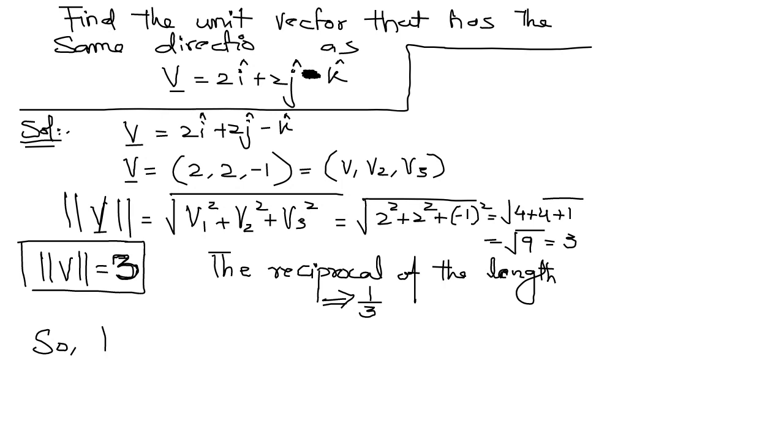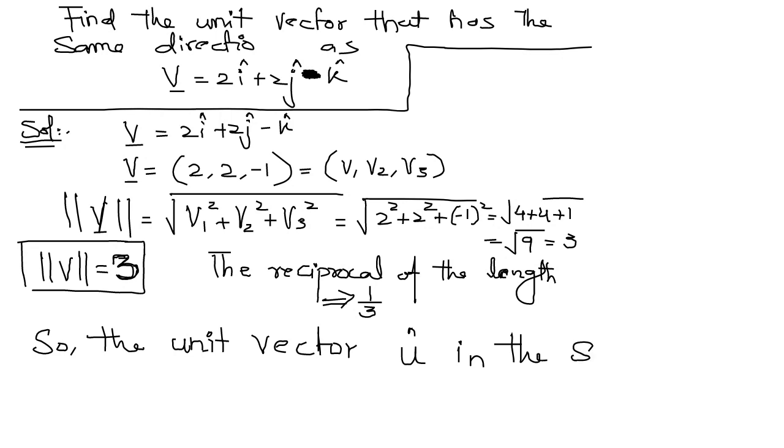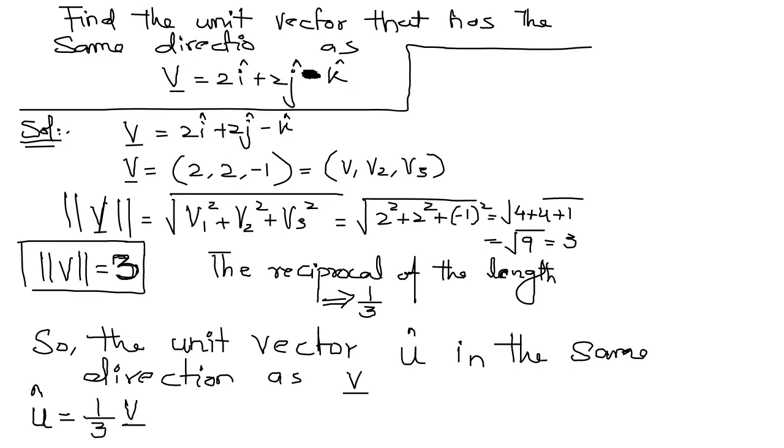So the unit vector u in the same direction as v is equal to the reciprocal of the length, which is 1 over 3, multiplied with the vector.